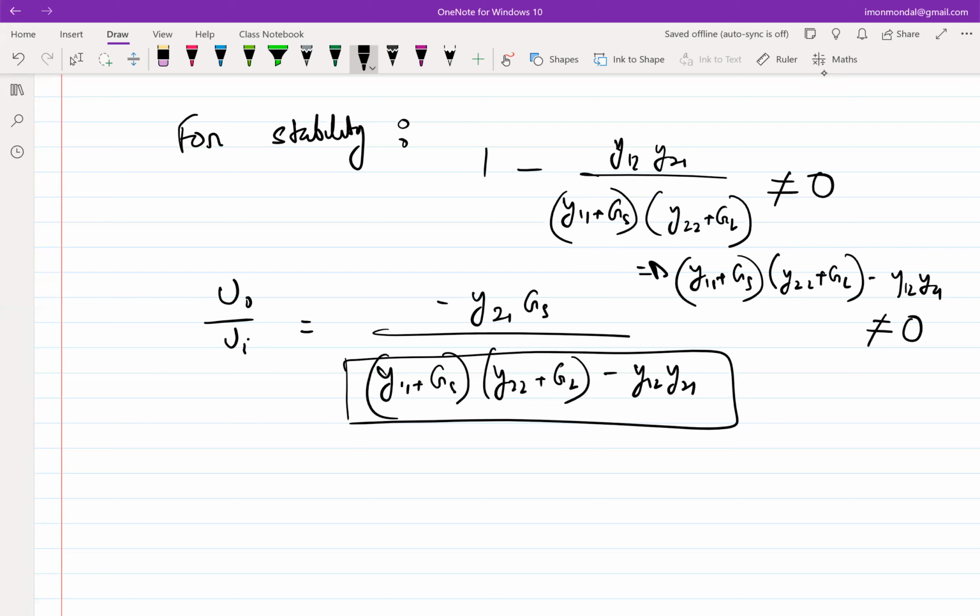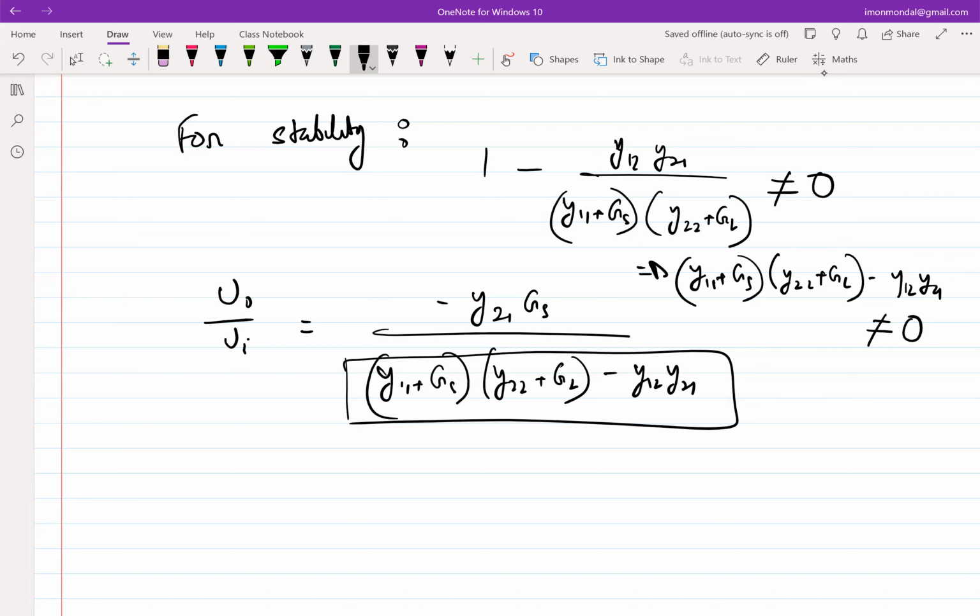Maybe have a residue after subtraction to be 0.001, something like that. But that is a dangerous game to play, because all these are functions of the IV characteristics of the device, right? They are incremental parameters, y11, y22, y21. These are derivatives of the IV characteristics of the device.